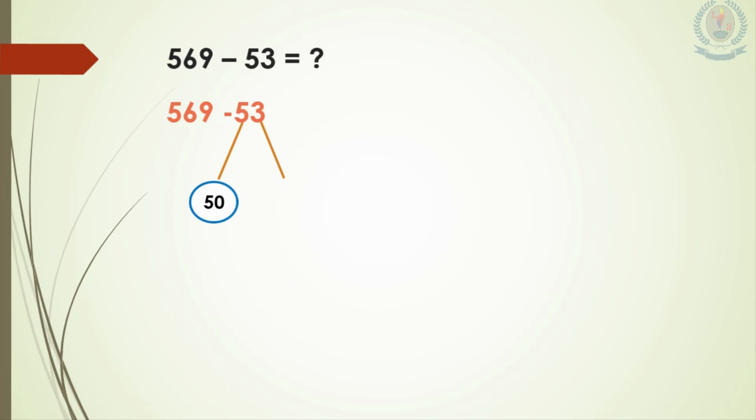Now let's look into another example. 569 minus 53. We regroup the second number into tens and ones. 53 we can regroup into tens and ones as 50 and 3. 53 means 50 and 3.